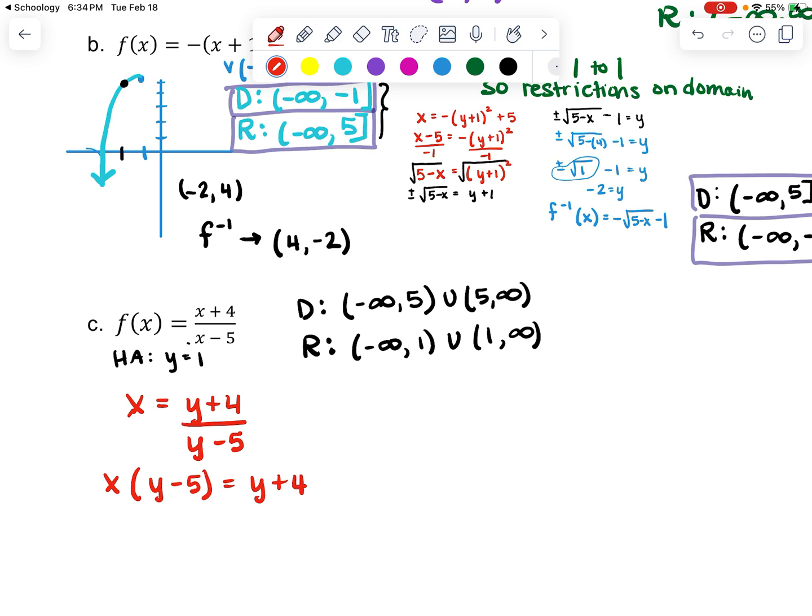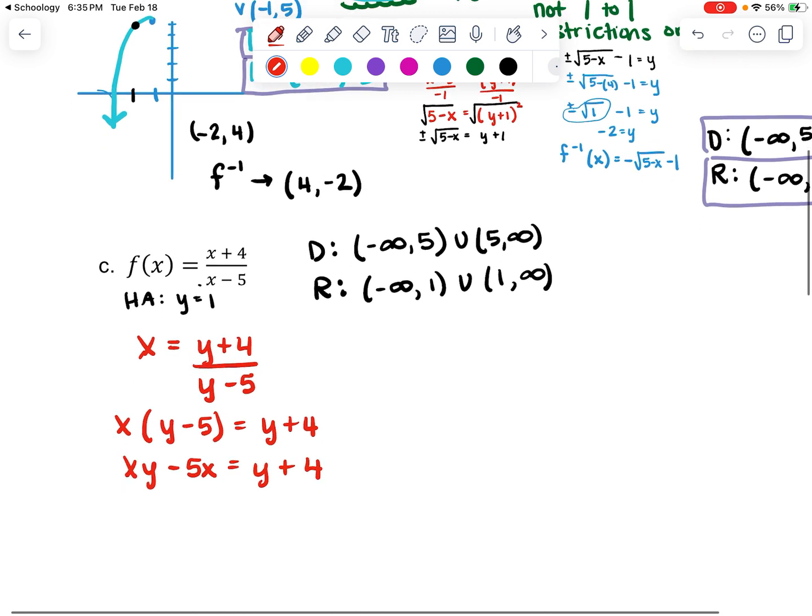The whole goal is to get all the y's on the left-hand side. That's the goal. Okay. Right now, subtracting 4 isn't necessarily helpful. Yes, I get y by itself over here, but on this side, I still have some kind of multiplication happening. So it makes more sense to go ahead and distribute that x. So I've got xy minus 5x is equal to y plus 4.